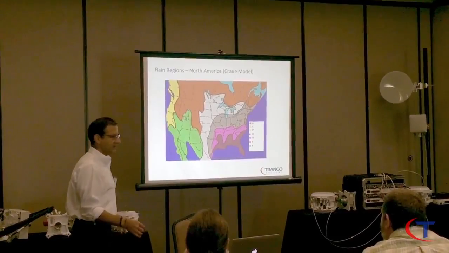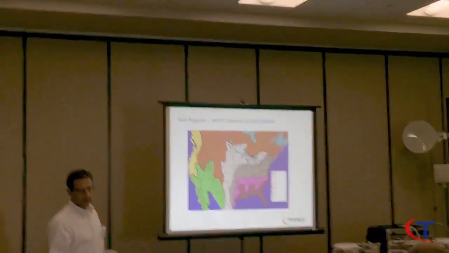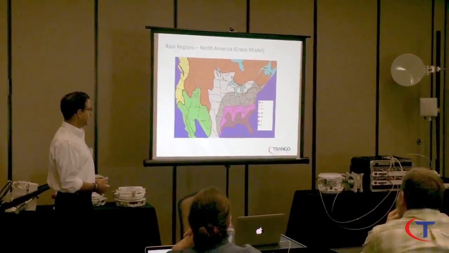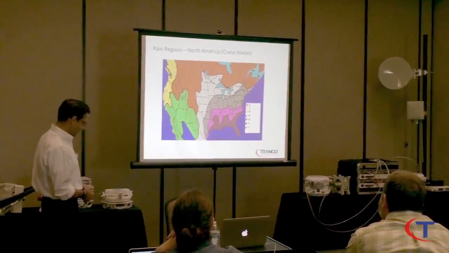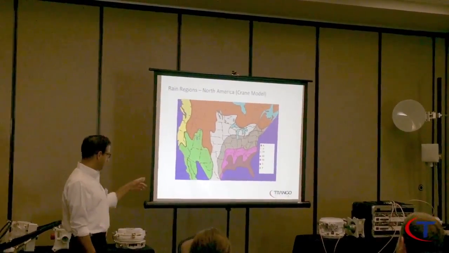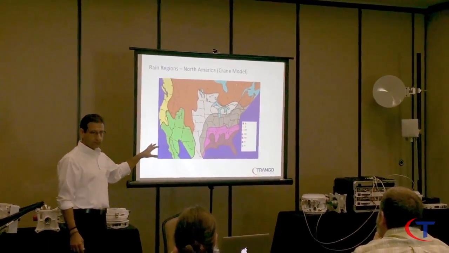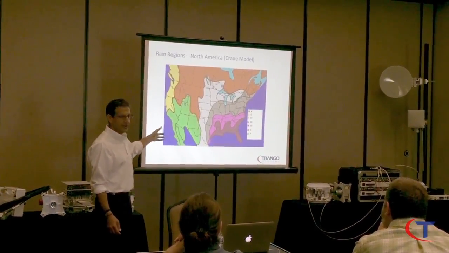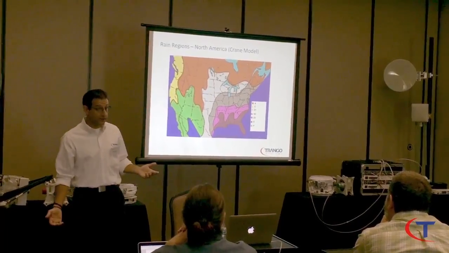The next most important thing is rain fade, the rain region where you're deploying these links. Out here in the West, we have basically perfect conditions for microwave. But in Florida and the Gulf states, maybe not so much. Here we might be able to use 18 gigahertz for a 10-mile link.